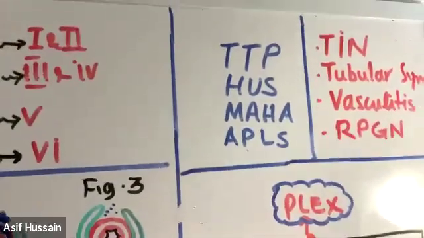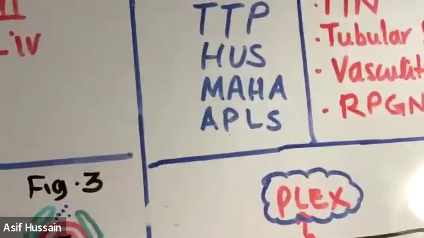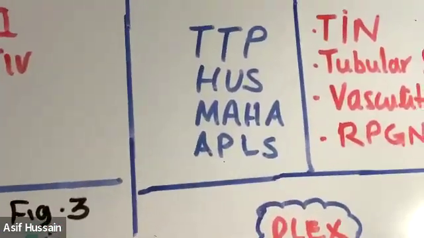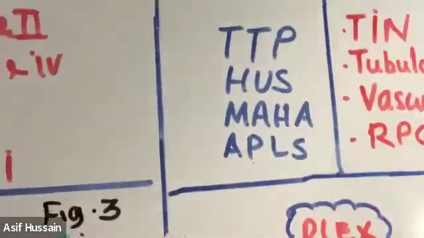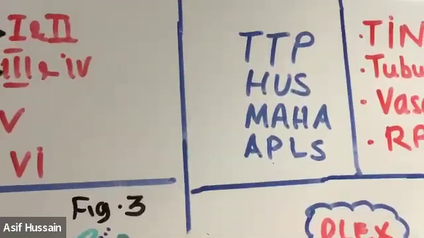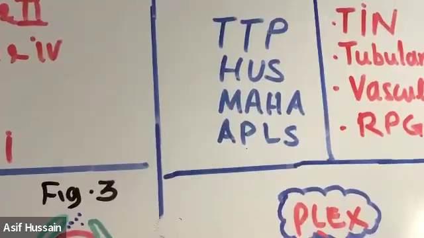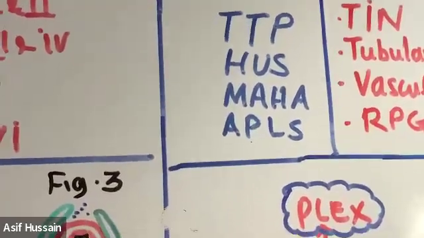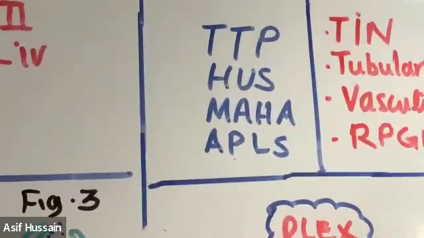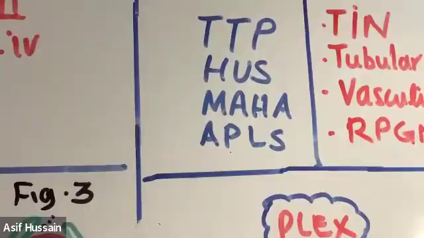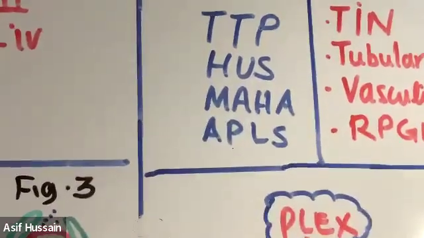Remember, let me simplify these things rather than going into the exact molecular detail, to give you a clear concept of what they mean. If you include DIC as well, DIC can also give you a similar picture. Now, there are important differentiating points there, but before I go into those details, let me give you a very simplified version, which is not actually a true version, but that is what you need to remember to understand these things.